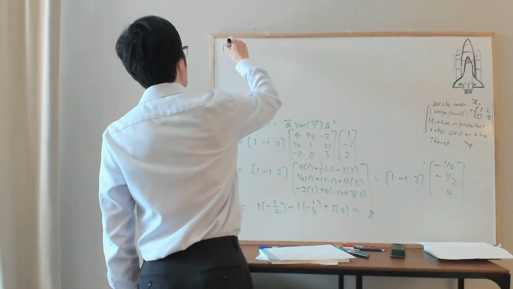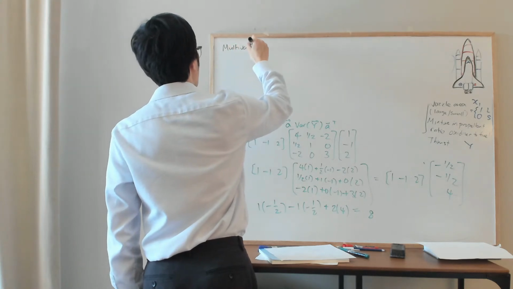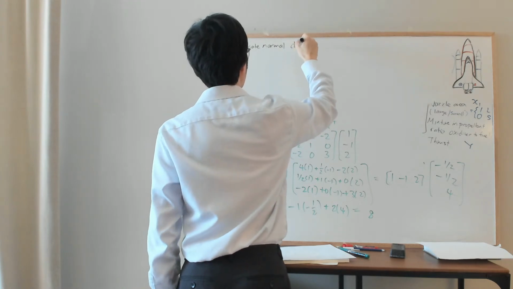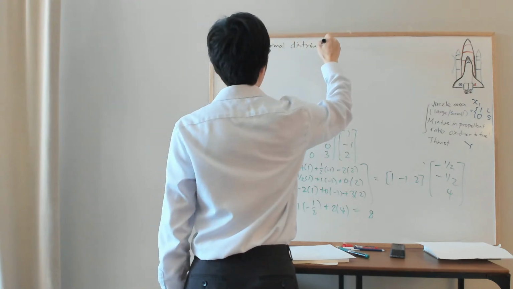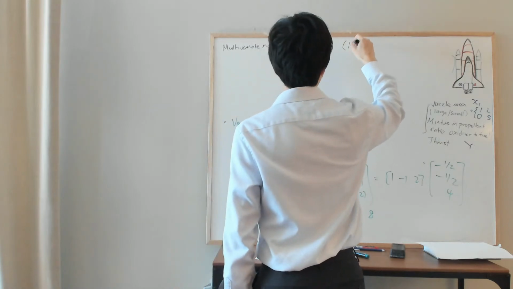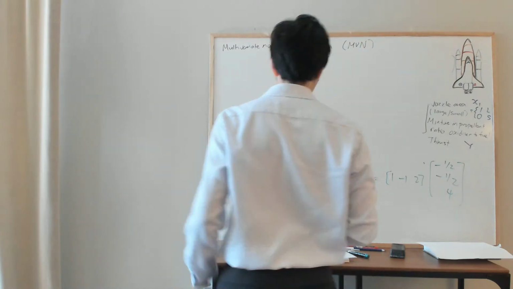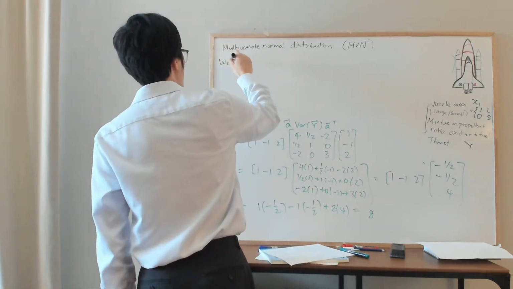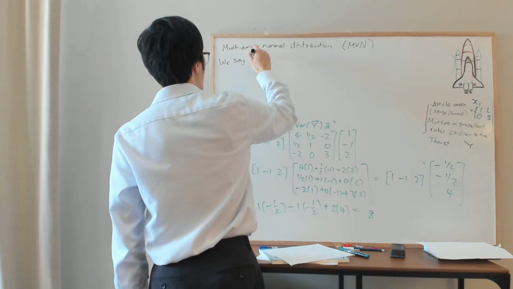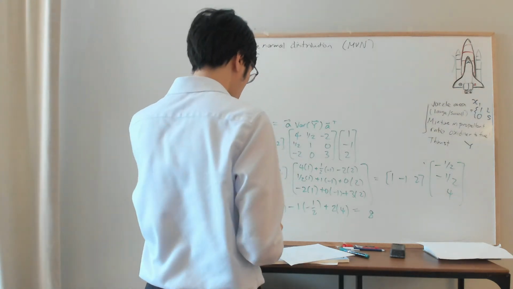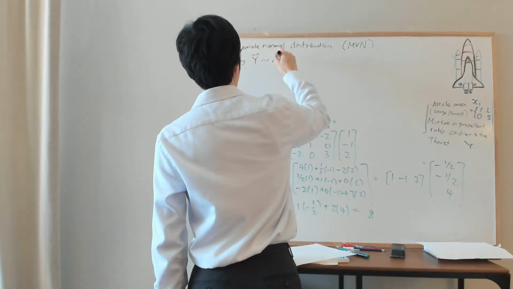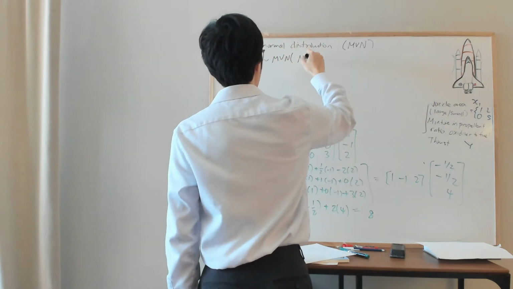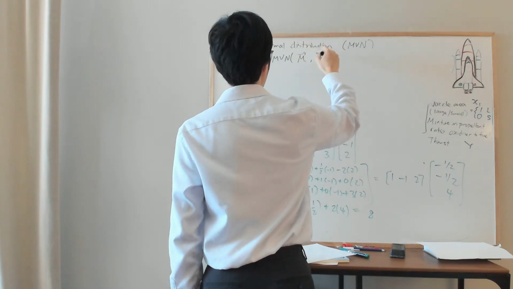Okay, so the multivariate normal distribution. I'm going to abbreviate this as MVN, multivariate normal. Okay, so we say that a random vector y follows a multivariate normal distribution with parameters mu and Sigma.